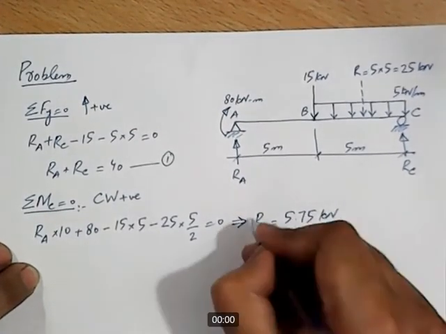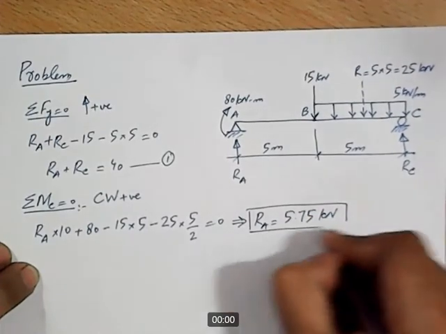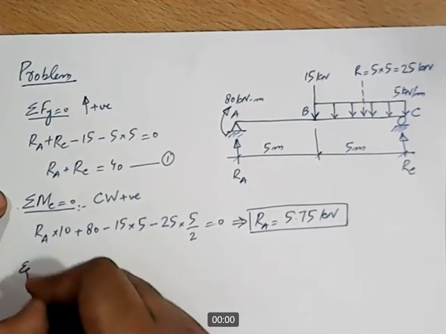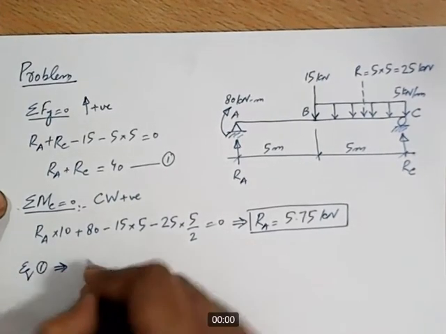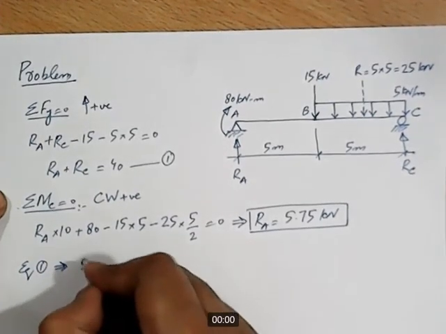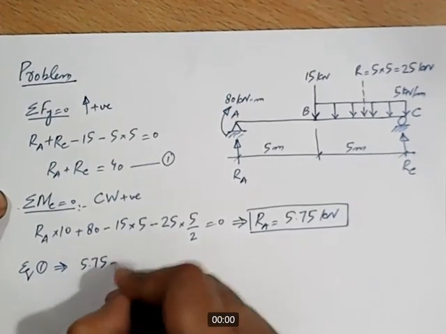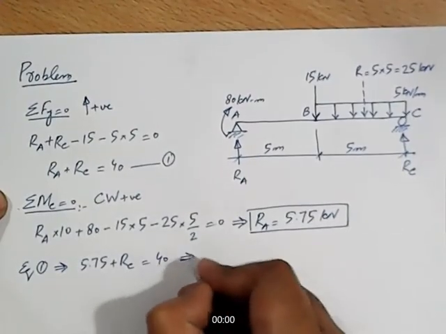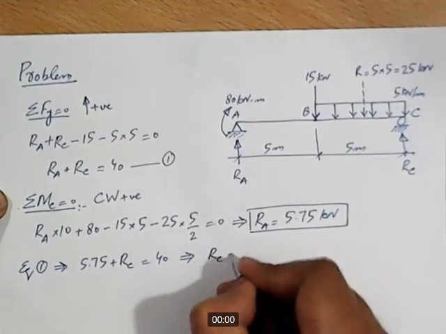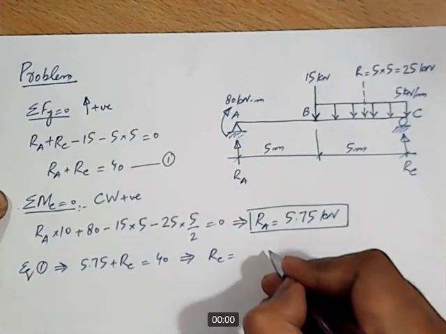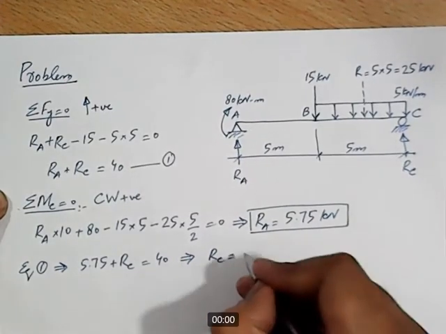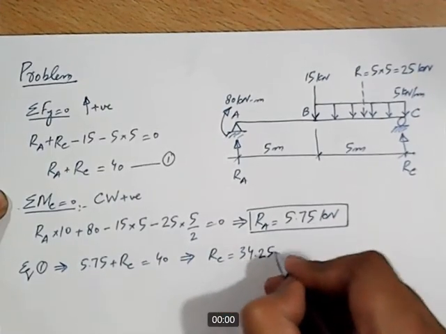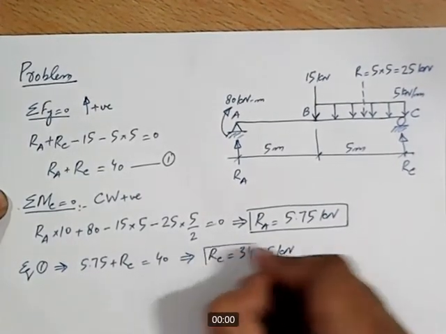RA equals 5.75 kilonewton. And if I plug in this value in equation number 1, 5.75 plus RC equal to 40, and this implies RC is equal to 34.25 kilonewton.